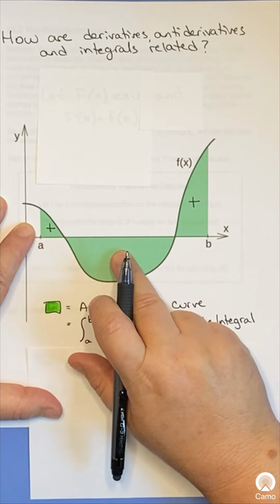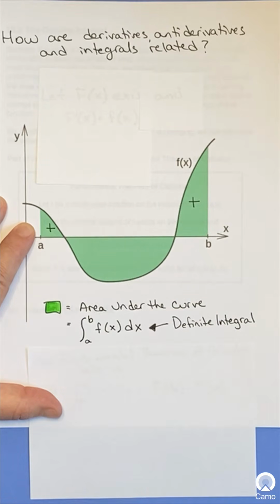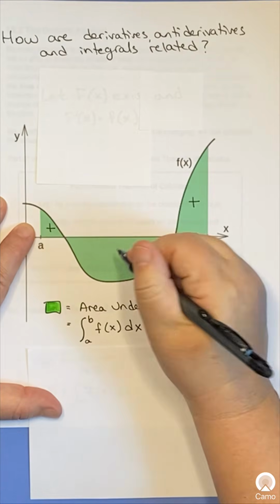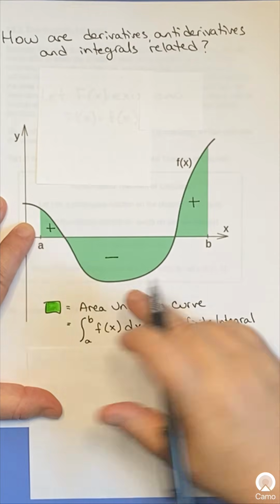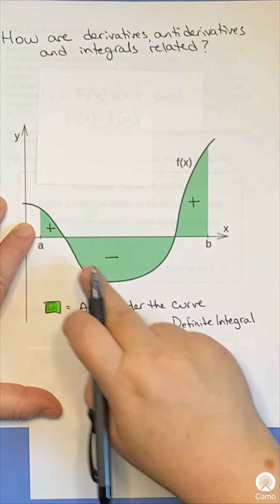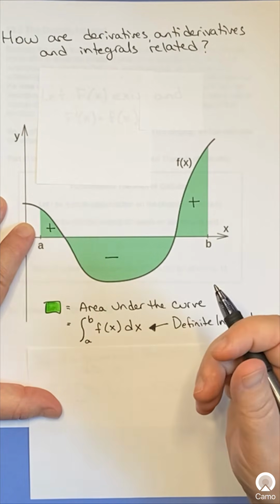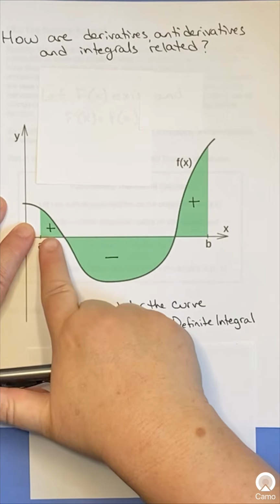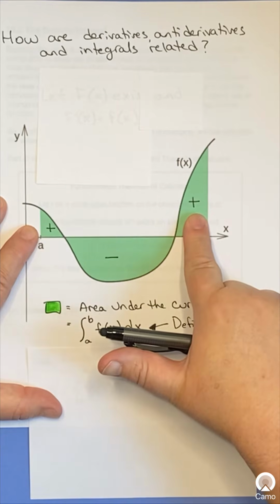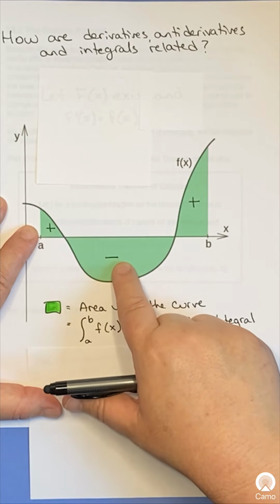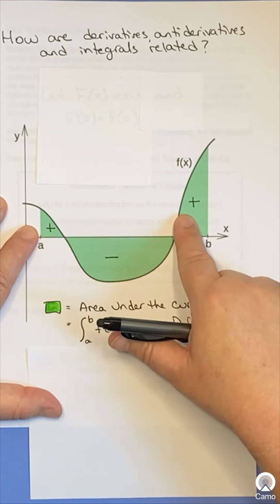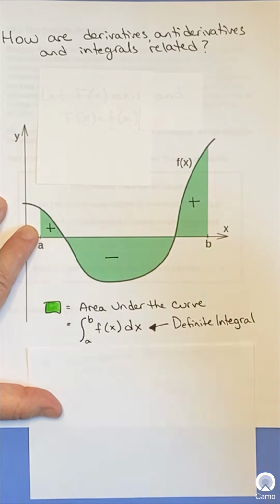Now, technically areas can't be negative, but we subtract this area because it falls below, because these values are negative. If I knew this was 1 and this was 2, I would say 1 plus 2 is 3. And if this were 5, I would say 1 plus 2 is 3, minus 5 is negative 2.